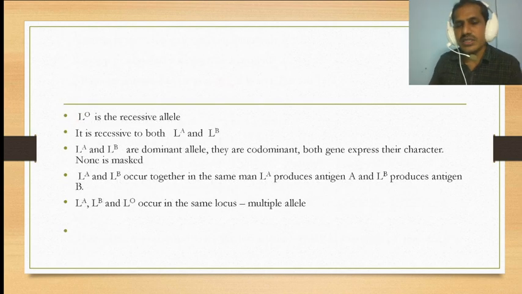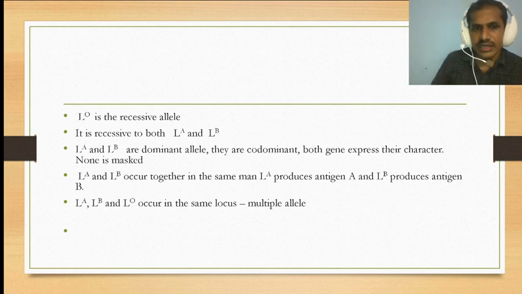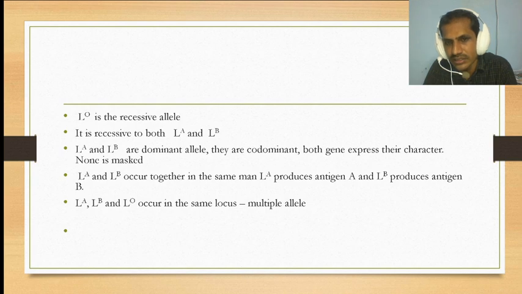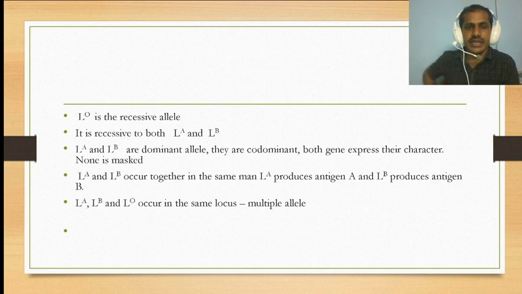LO is recessive to both LA and LB. LA and LB are dominant alleles and co-dominant. Both genes express their character and none is masked. LA produces antigen A and LB produces antigen B. LA, LB and LO occur in the same locus of multiple alleles.